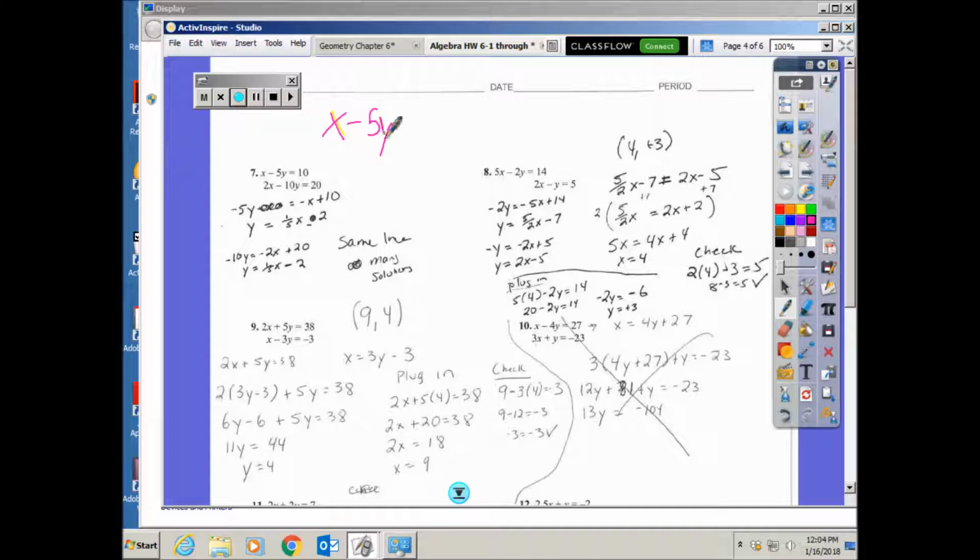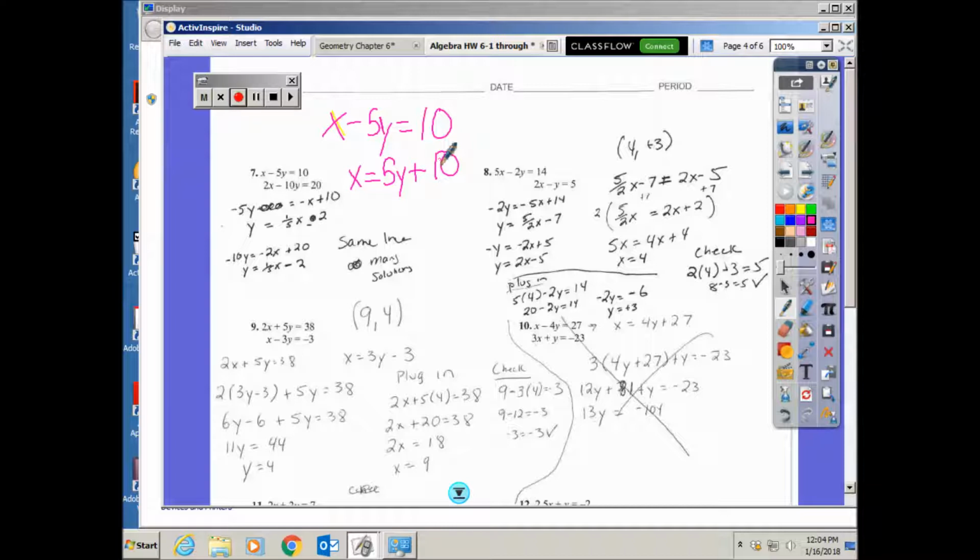X minus 5y equals 10. So to get x by itself, I could have just added 5y to both sides, correct? And x would equal 5y plus 10.